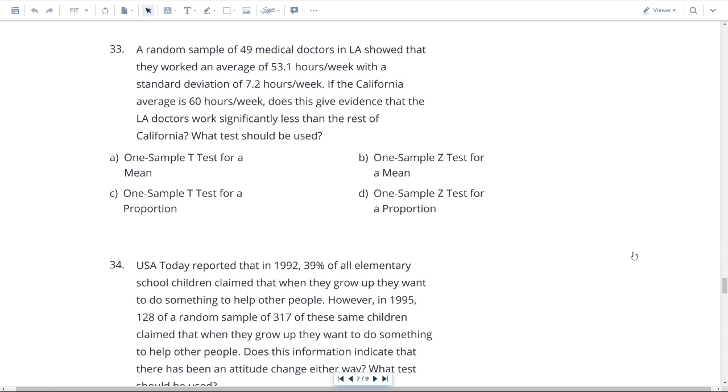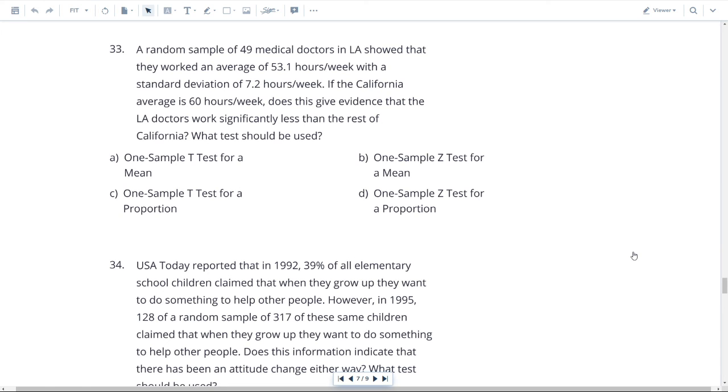What test should be used? You do not know the population standard deviation. And since you don't know the population standard deviation, you have to use a t-test.